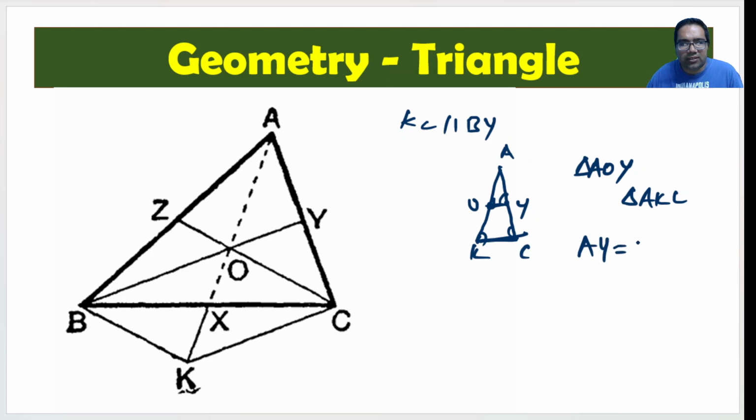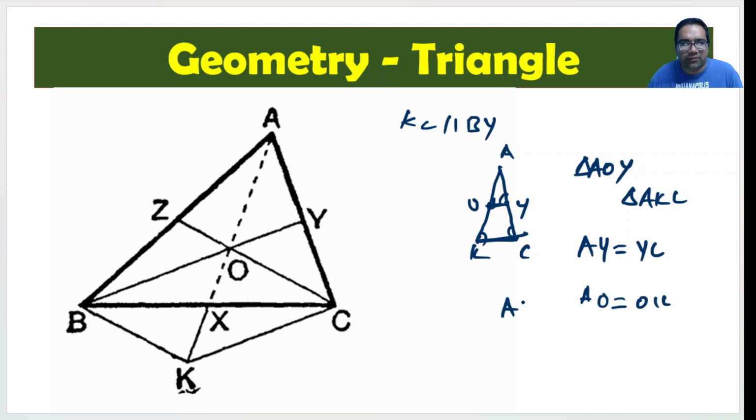Now, AY equal to YC. What does that mean? Because these triangles are similar and one of the sides is halved, the other side is also halved. AY equal to YC, so AO equal to OK.